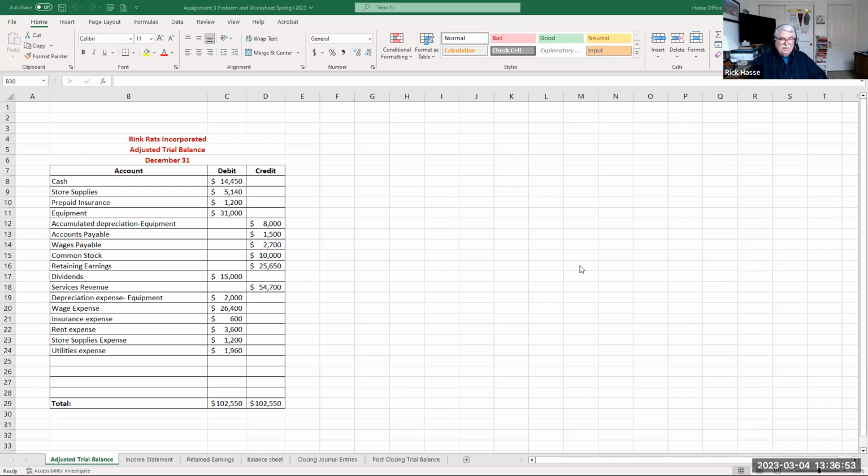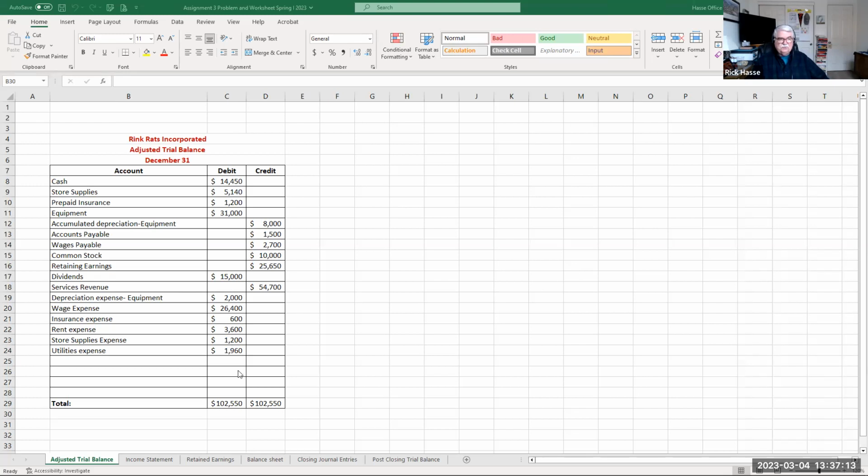Now remember, you have your assignment 3 due this weekend on Sunday, March 5th. If you do need extensions, let me know prior to the due date or due hour, midnight. Remember, this is an assignment where you're doing all your work again on a spreadsheet that I provided. Here's the adjusted trial balance given to you.